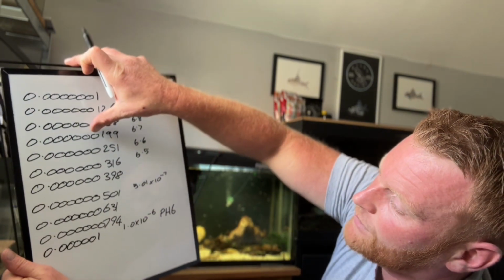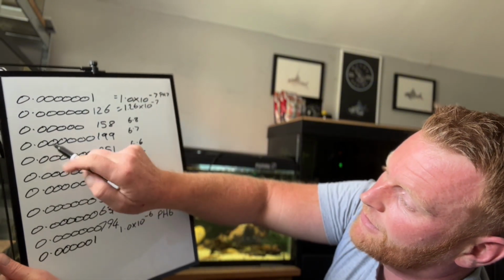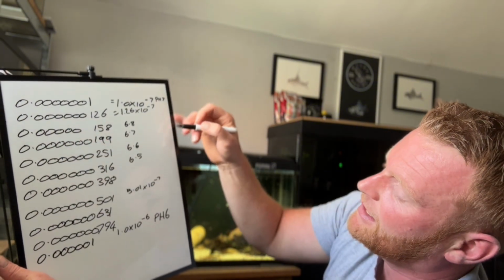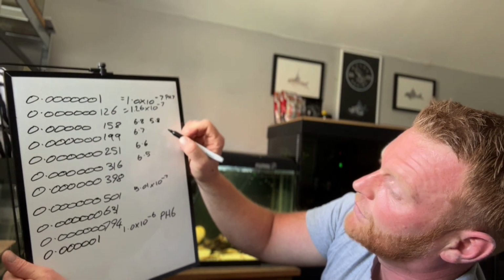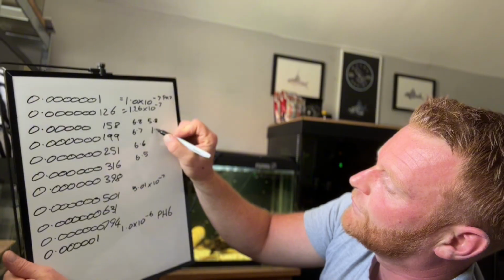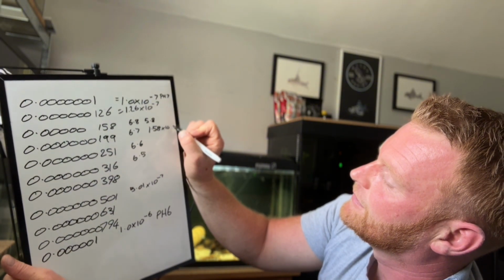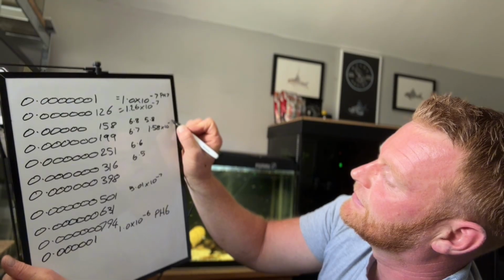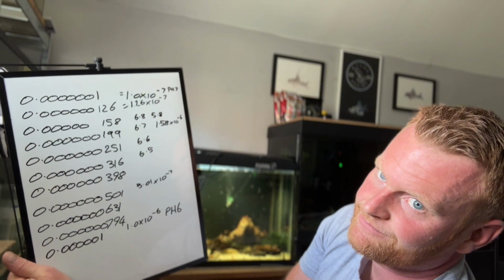So if we take out one of these, that number, count the zeros after the decimal point, is the same as 5.8 or 1.58 times 10 to the power negative 6. Get it?